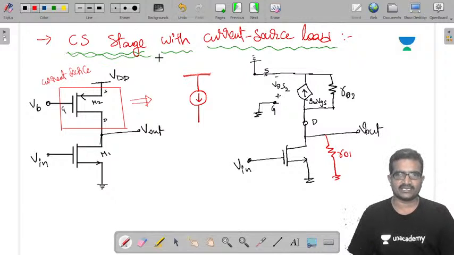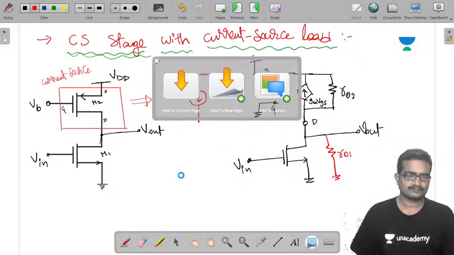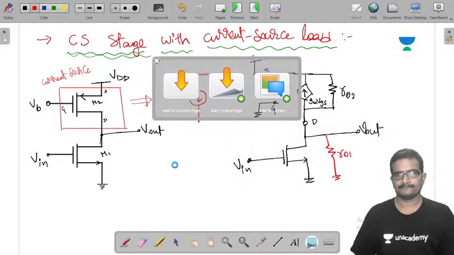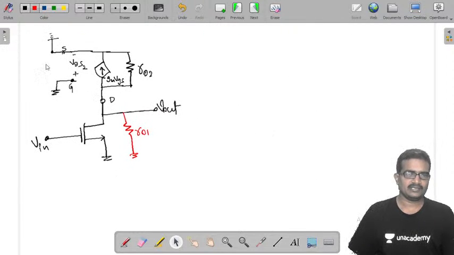Now you observed this circuit; I do a little bit of analysis on this, and for that I am copying this circuit. In this circuit, this is grounded and this is grounded, that means VGS2 is 0 volts.